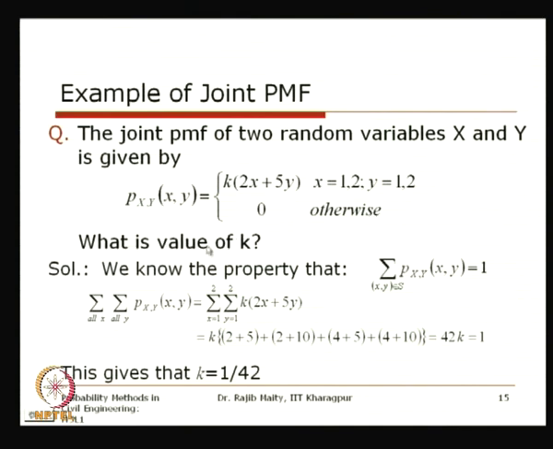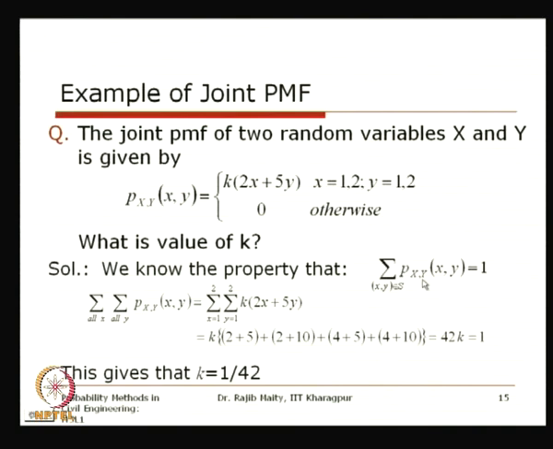Now the question is, what is the value of k? We have to find the value of k so that it satisfies the properties that a PMF must have. The property is that if we add up the probability mass function over the entire range, it should be equal to 1.